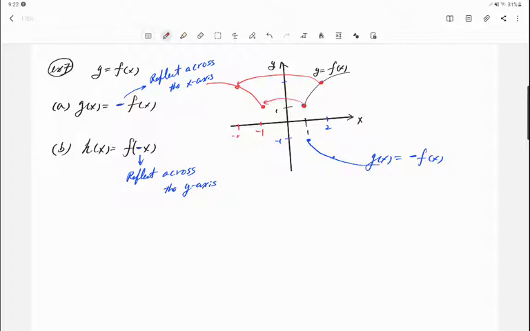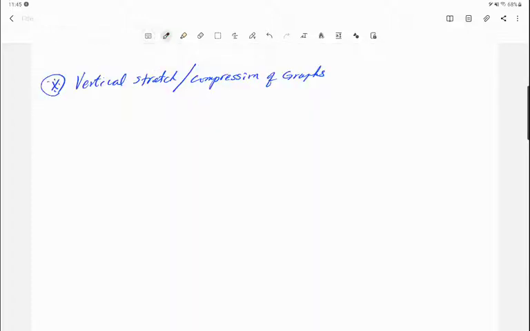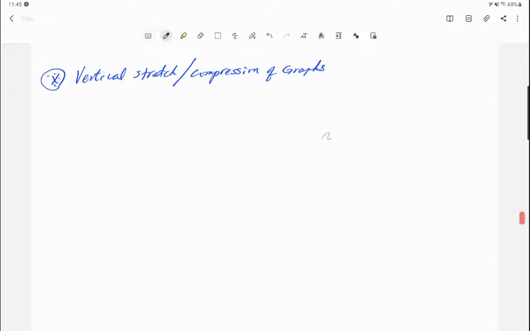Make sense? So whenever the sign of x is changed, reflect the graph across the y-axis. And whenever you change the sign of y, then reflect the graph across what? The x-axis.